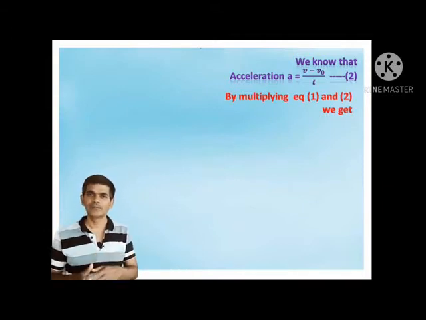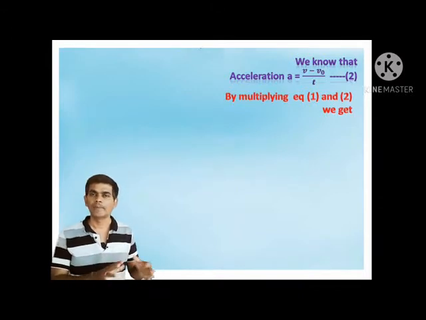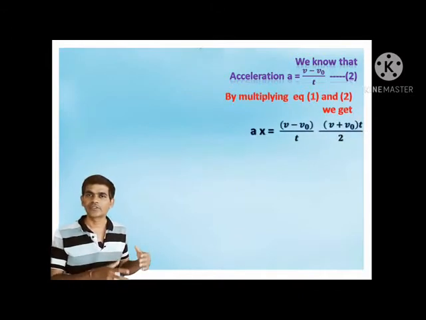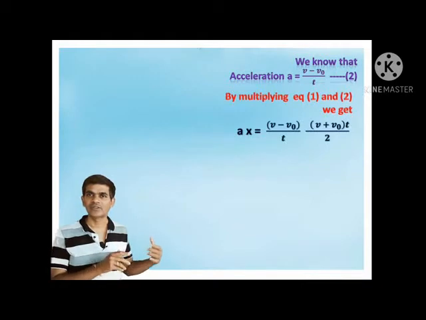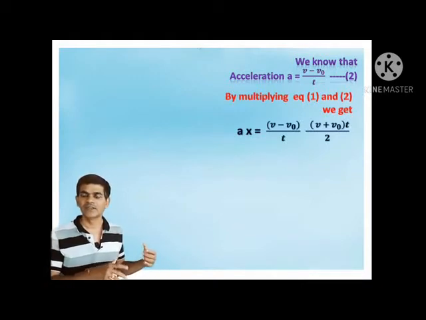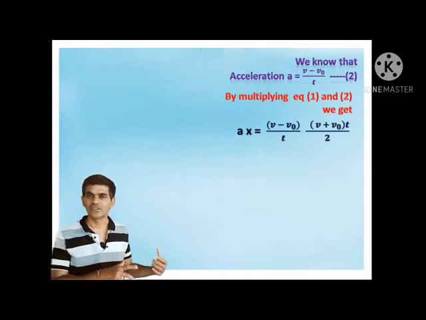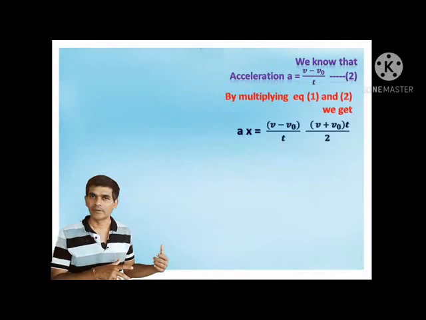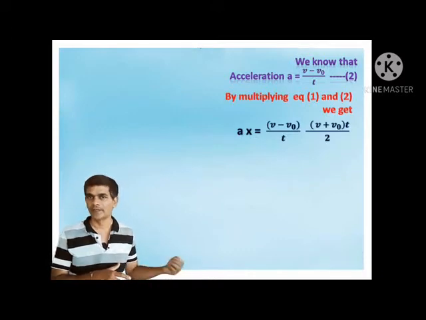Now I will multiply both equation 1 and equation 2. Then what is the left hand side? It is x into a, we will get ax, and the right hand side will be like this. ax is equal to v plus v naught into t divided by 2 into v minus v naught divided by t.